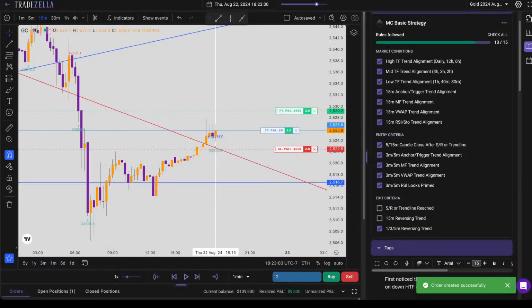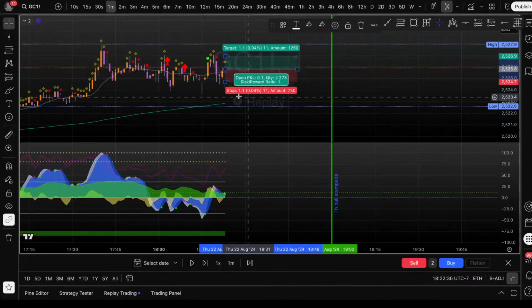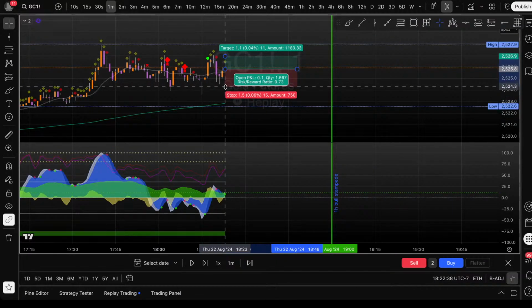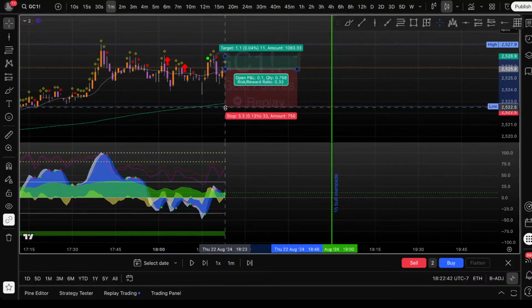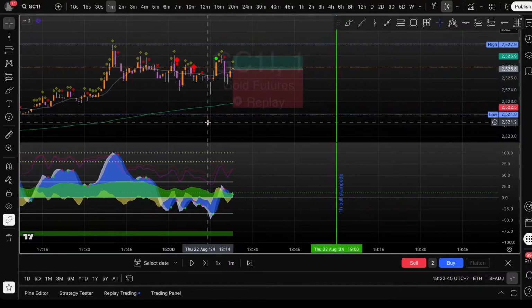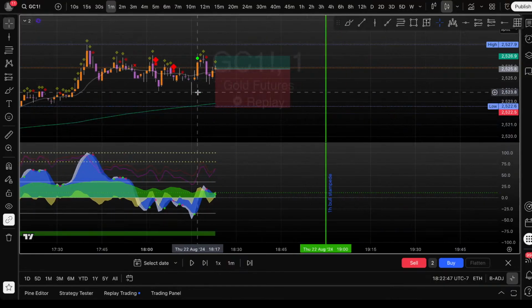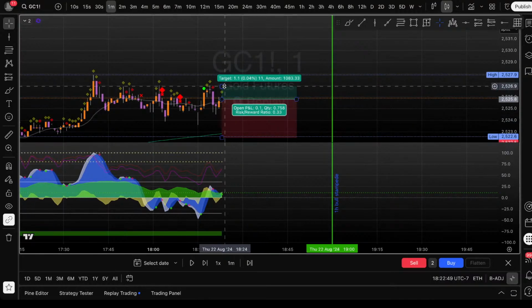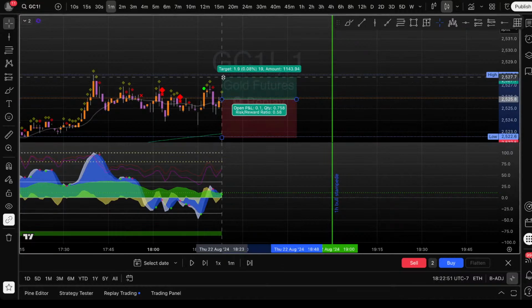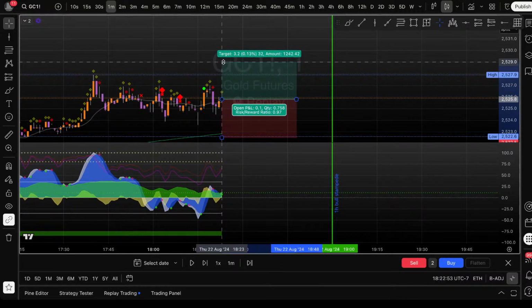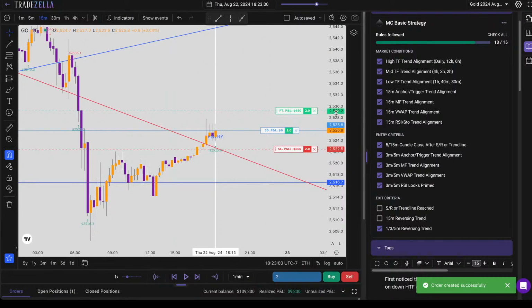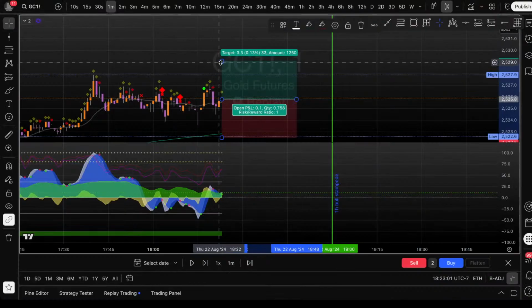I think our take profit's what? 2522.5. I mean stop loss. And then it'll be a 1-to-1, so it should be 2529.1, 2529.2.